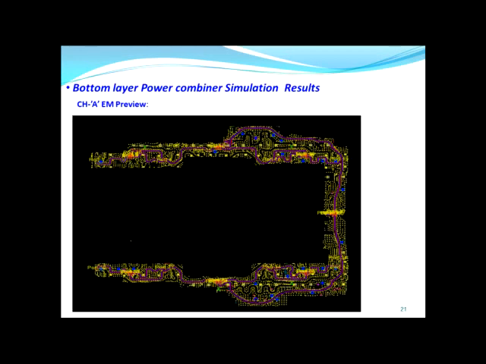For that, initially I did the EM layout momentum simulation. For verification purposes, I only did 2.2 to 2.3 GHz, because if I increase the frequency range to something like 2 to 3 gigahertz, the mesh frequency is very high and it will take a lot of time.